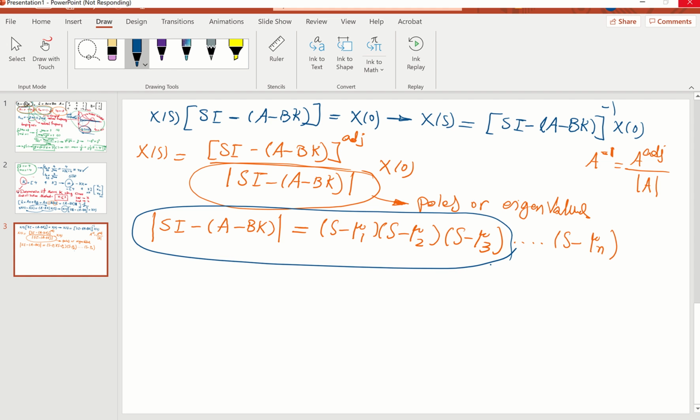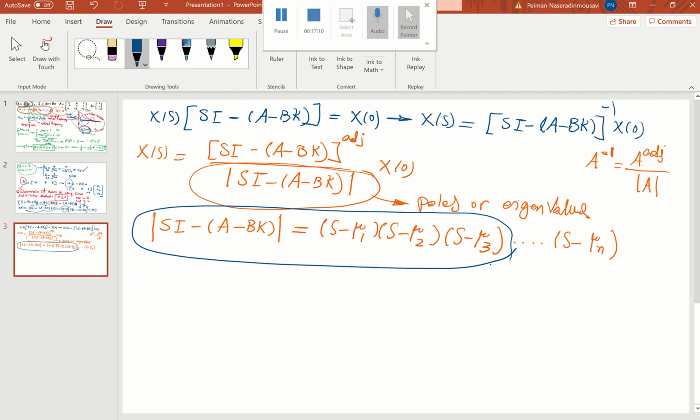So let us do that. For this example, you get the determinant of sI minus A minus bk. sI is s times the identity matrix.